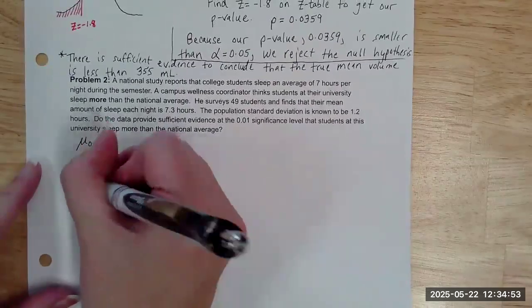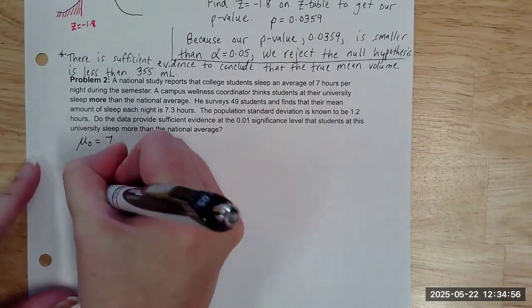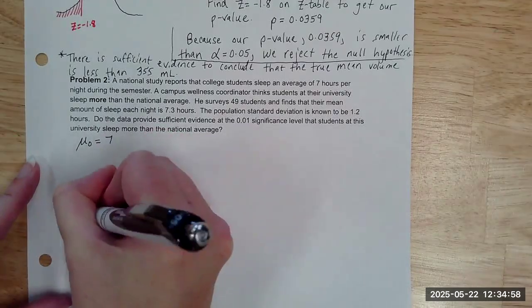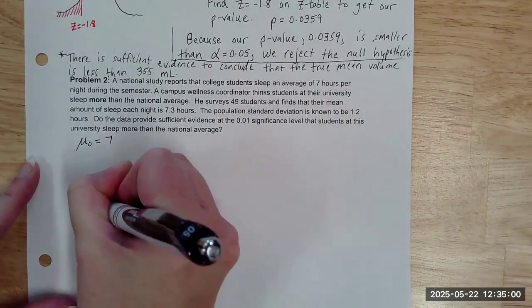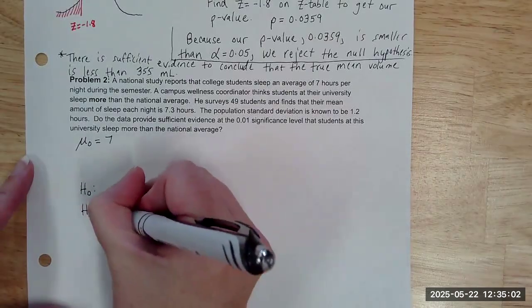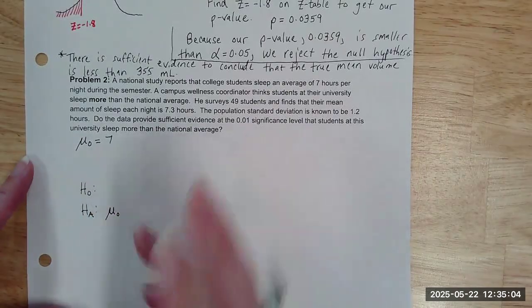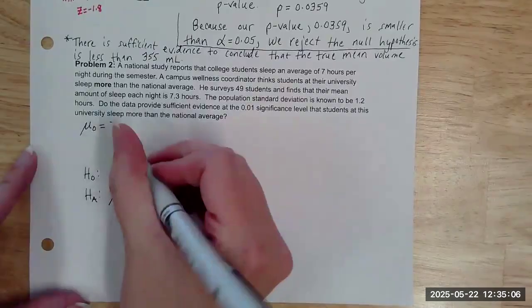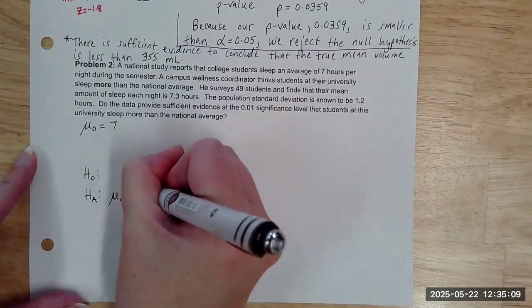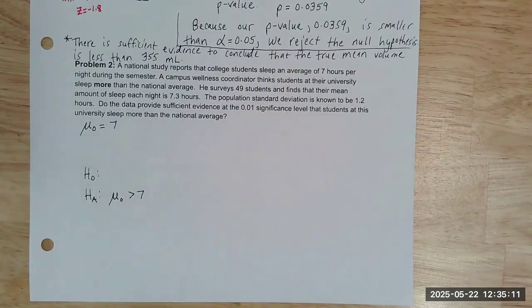So if I come down here to do my H naught and my HA, he's saying that the average amount of sleep is more than 7 hours. That's the alternative hypothesis. So we could write up here that the mean amount of time is equal to 7.